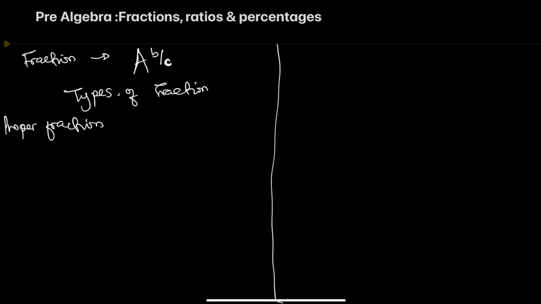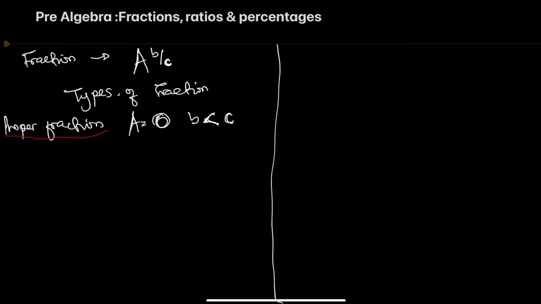In a proper fraction, we have a case where A is equal to 0 and B is less than C. Now this is a proper fraction.